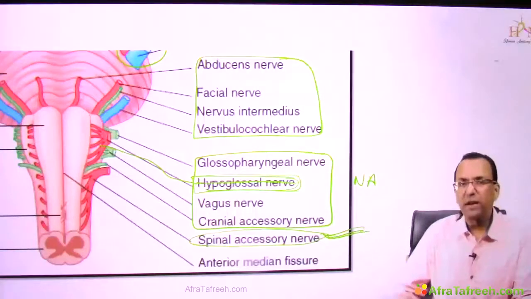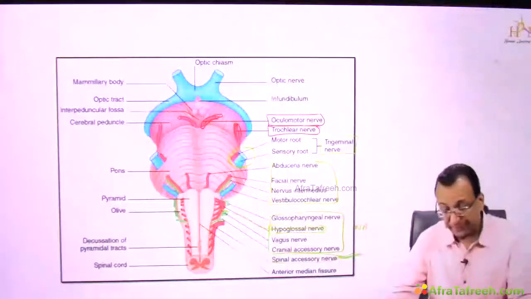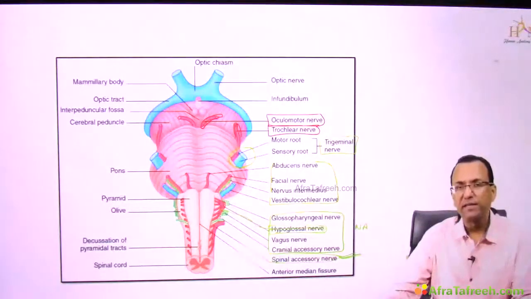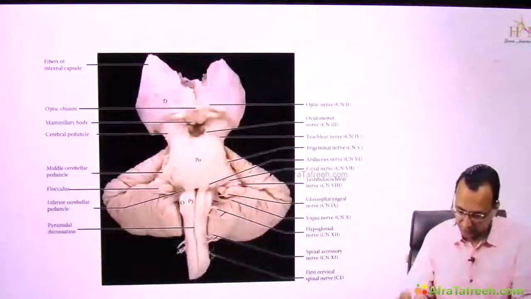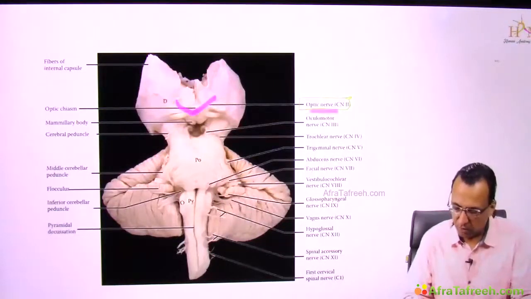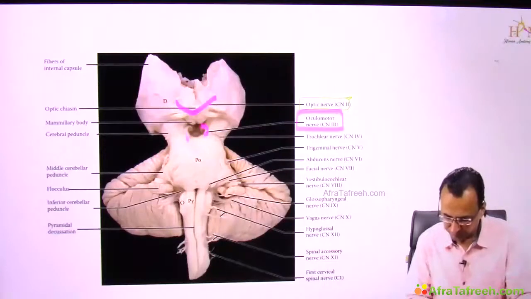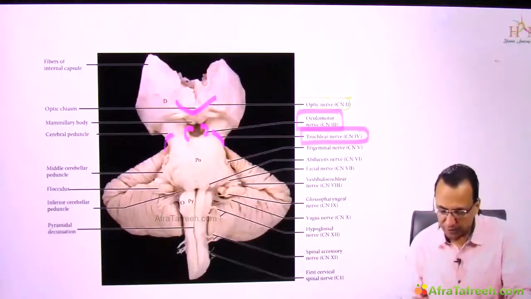Now, once you have that kind of orientation for the brainstem, we have to start with further details. See, this is the optic nerve we have seen already. That is the oculomotor nerve. This is the trochlear nerve, the thinnest nerve. Trigeminal is here.